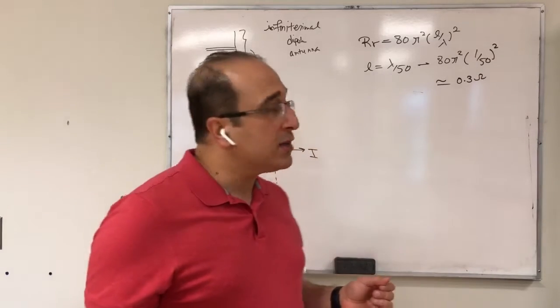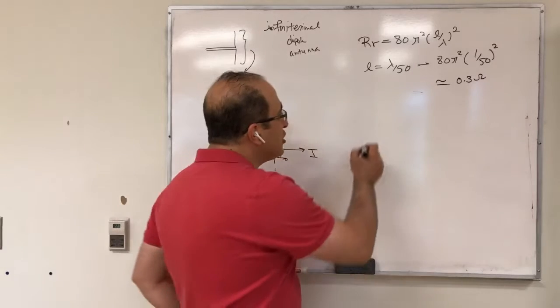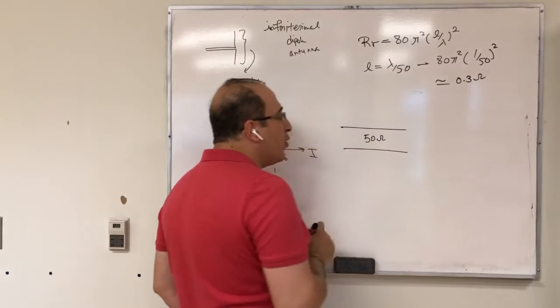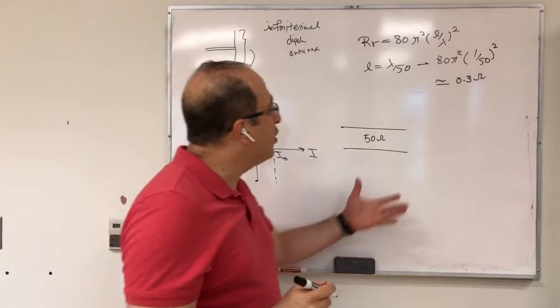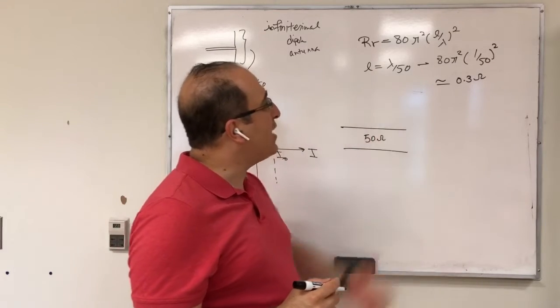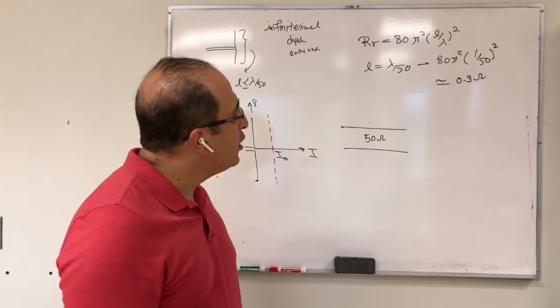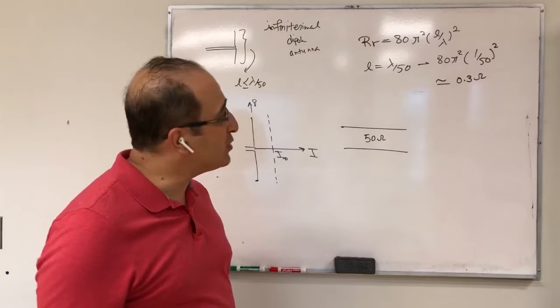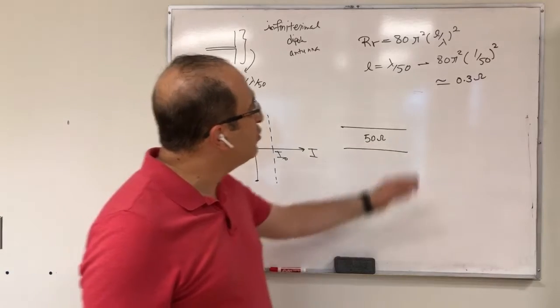Remember that the transmission line that brings the power to the antenna often has a 50 ohm characteristic impedance. So you could easily imagine that with this antenna, you're going to have a problem with impedance mismatch when you go from 50 to 0.3.